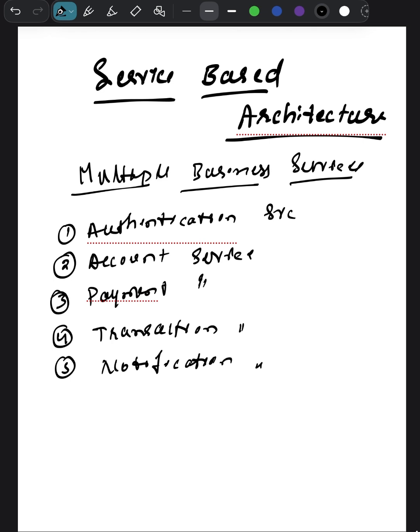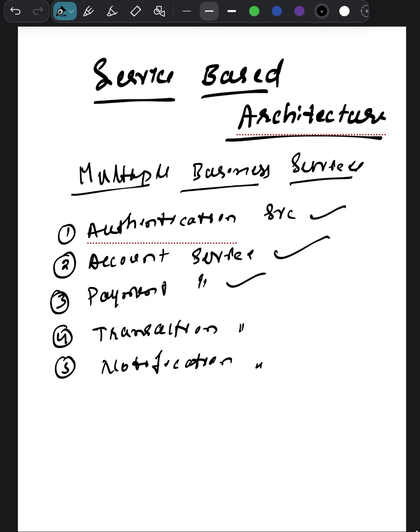Now, there are five services involved from the customer submitting the request to the sending notification of a successful transfer. Authentication service to identify customers' credentials. The account service to get the account details and do the balance validations.